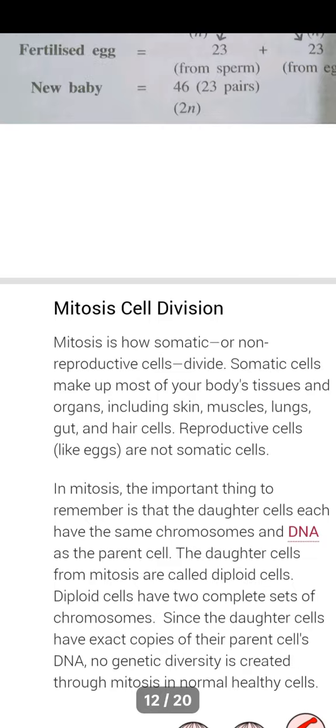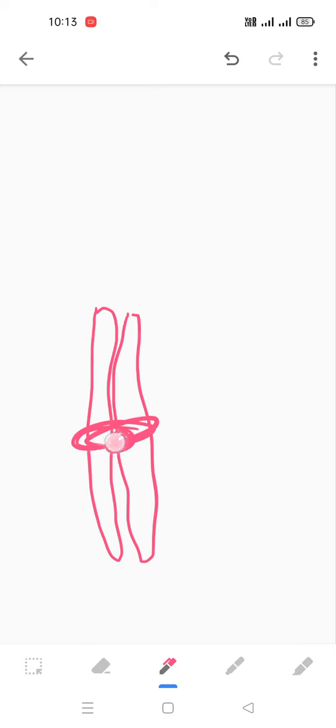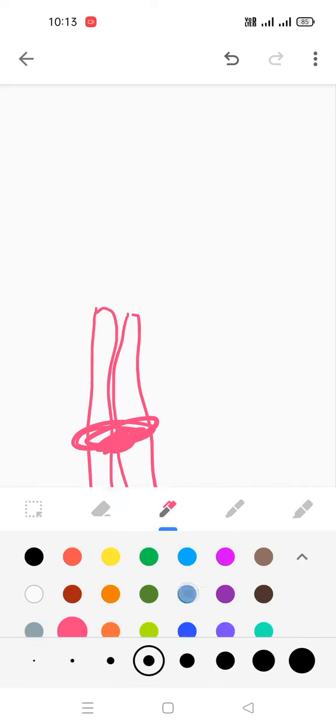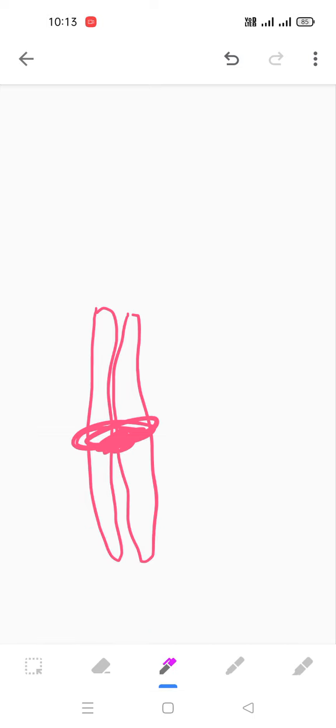Let me tell you what will happen in meiosis, children. Suppose this is a chromosome. I'm making this just for information only. Sorry, let me change the color.